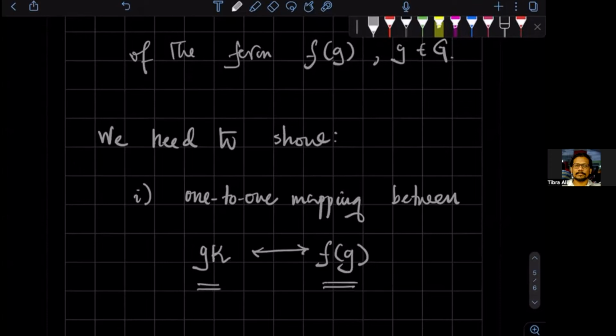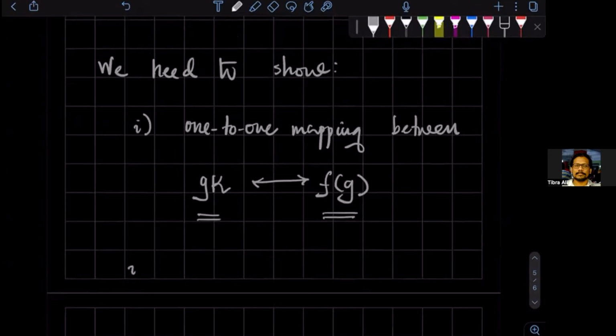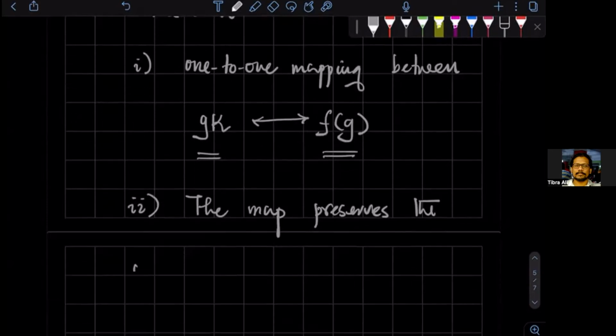That's one thing we have to prove. The other thing we have to prove is that the map preserves the group structure.